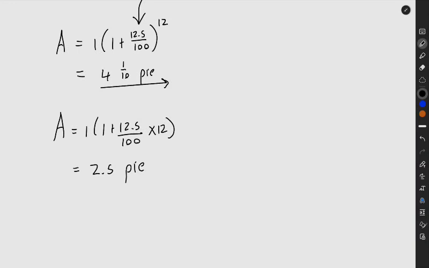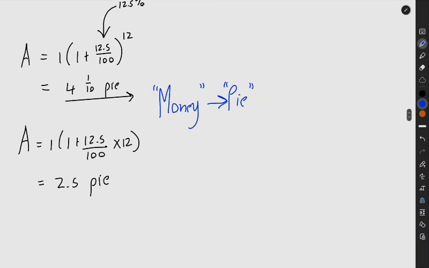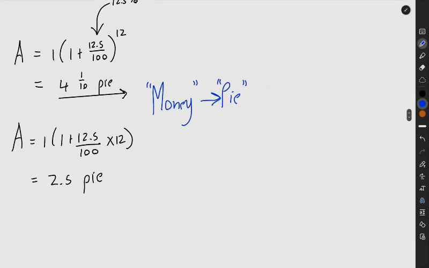I think we'd all agree on that. So, ultimately, when we're talking about pies, we're really trying to get across the idea that money is like a pie. It's an actual thing. And it grows. It accumulates. There's slices of it. And so let's start replacing the pies with money.